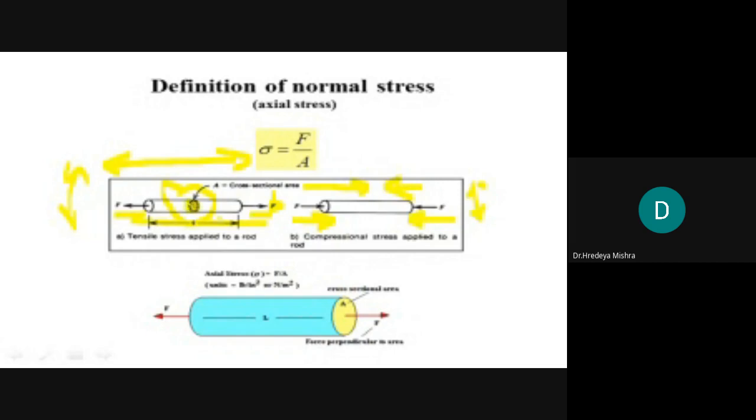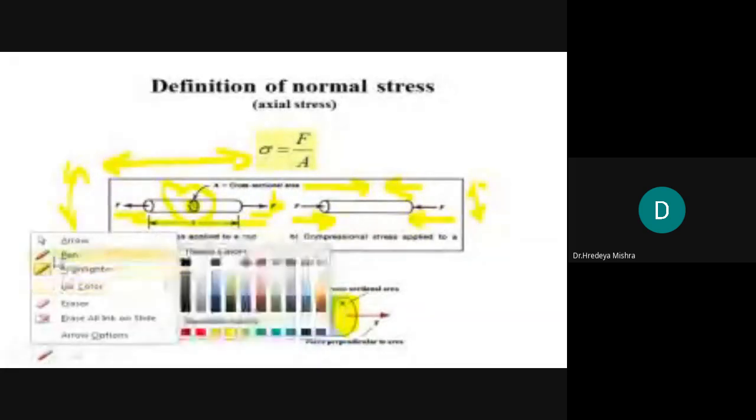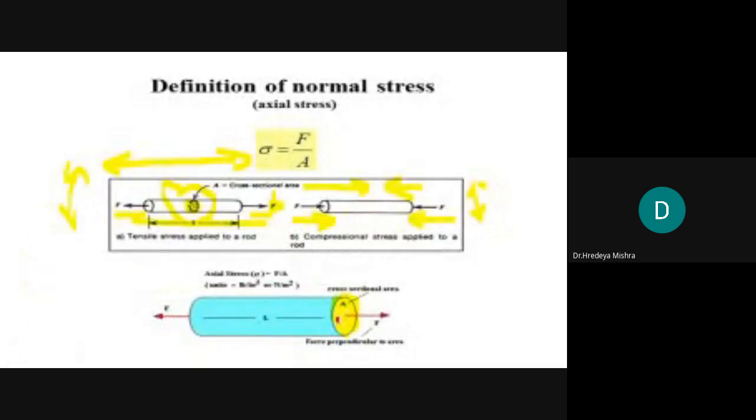Cross sectional area, and that is the same here. This is the A. Okay, so if I change the color, you can easily see this is our cross sectional area.